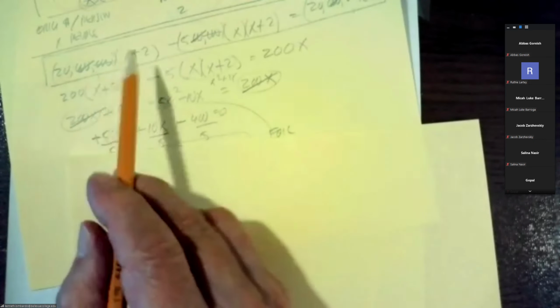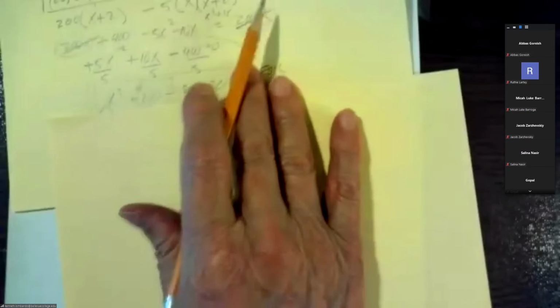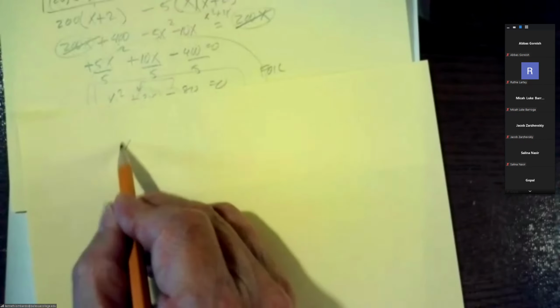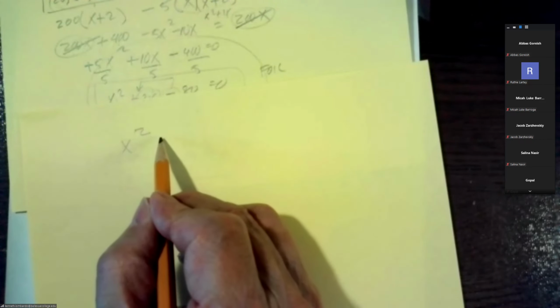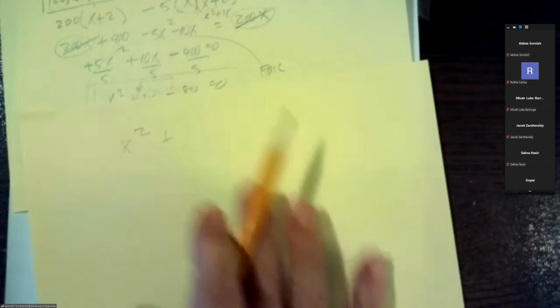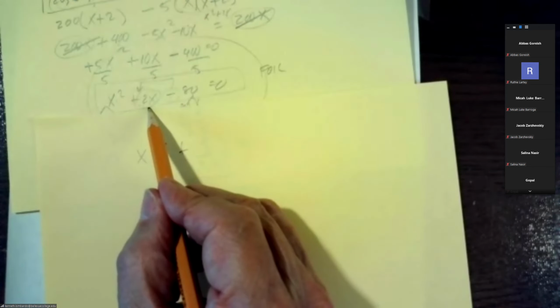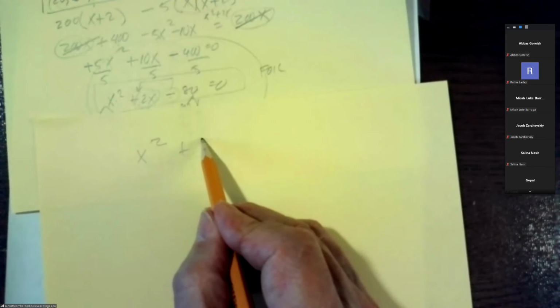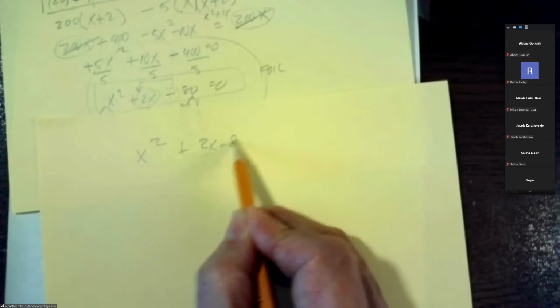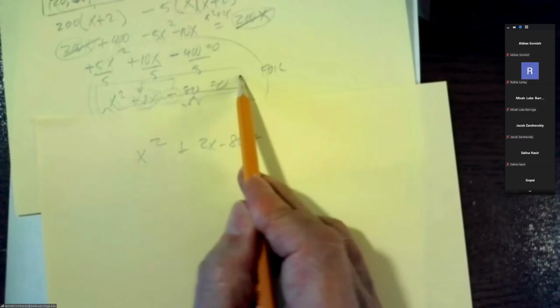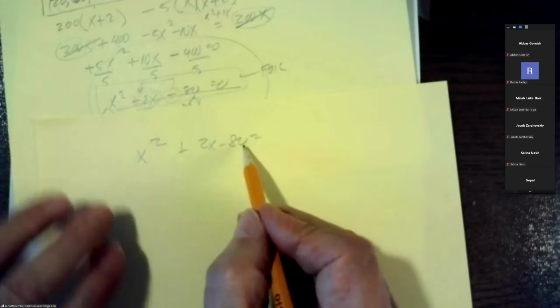And that x squared, 2x, x squared plus, this is good, x squared plus 2x minus 80 equals 0. I think we're good to here. That looks good. So what did we do wrong here?